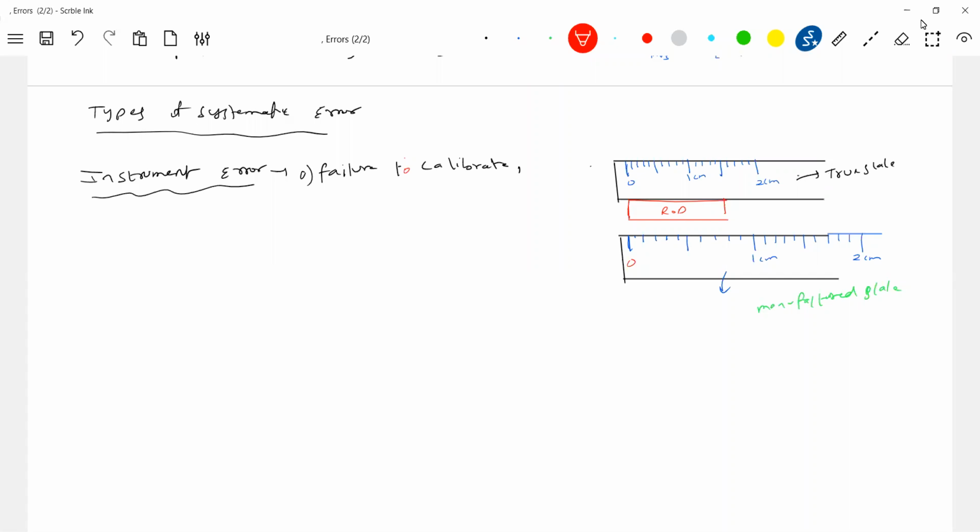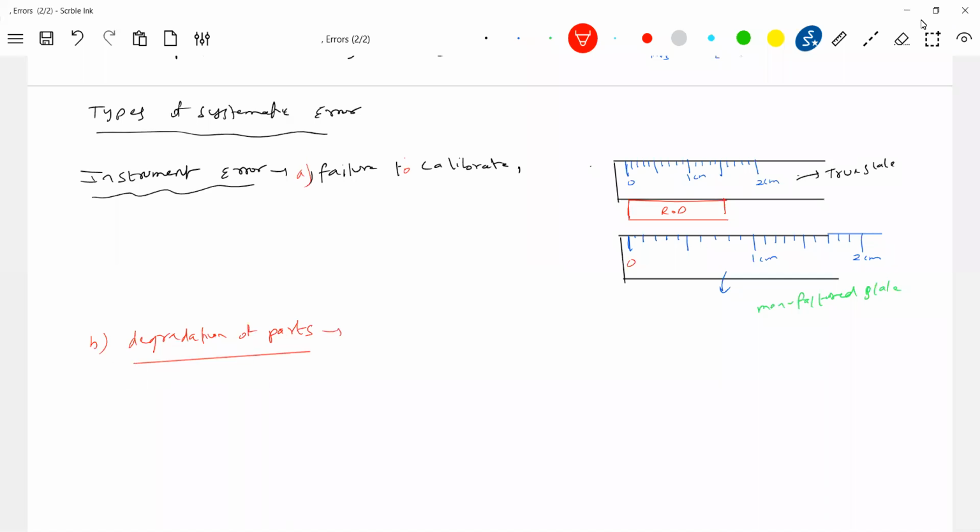Next, degradation of parts. As you start using an instrument, degradation will come.